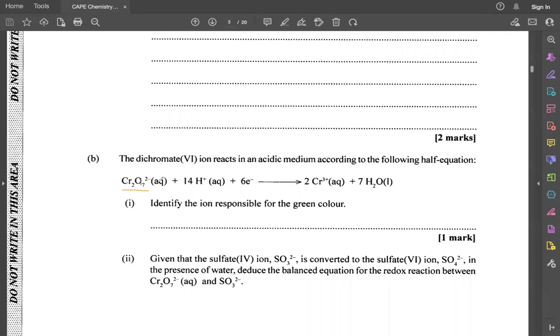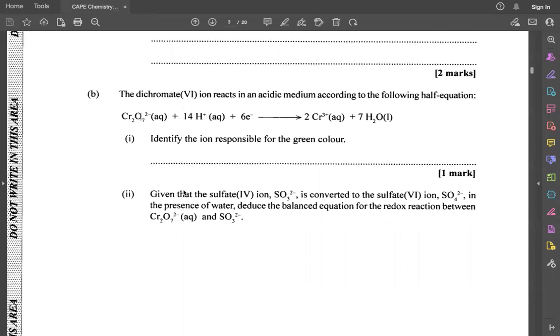And then once that gets reduced to Cr3+, that's when we see that green color. So we go from orange to green, and the green color is from the Cr3+ ion. That's the one that's responsible for the green color, and that's for 1 mark. We're good. All right, so clear that.